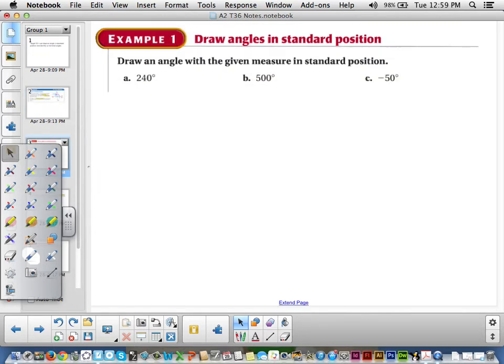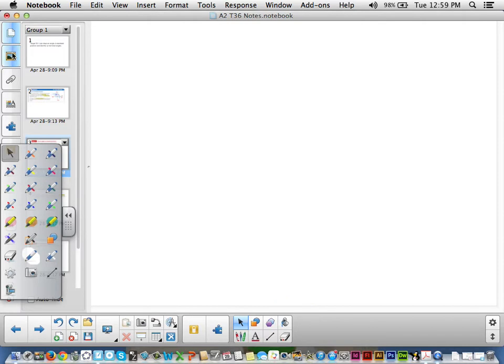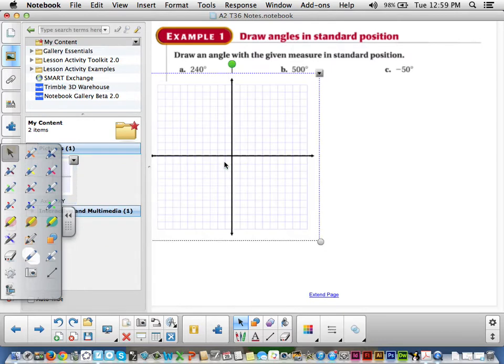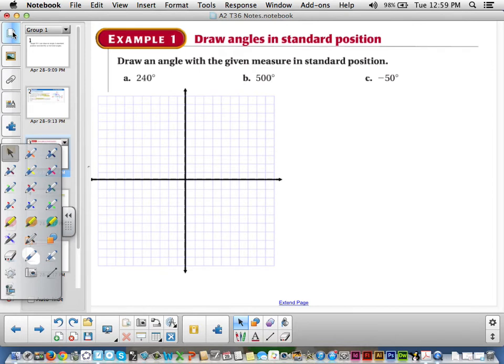So draw the angles with the given measures in standard position. All right, so it's 240 degrees. We'll get ourselves a little XY axis, and we'll draw 240 in standard position. We start on the positive x-axis.